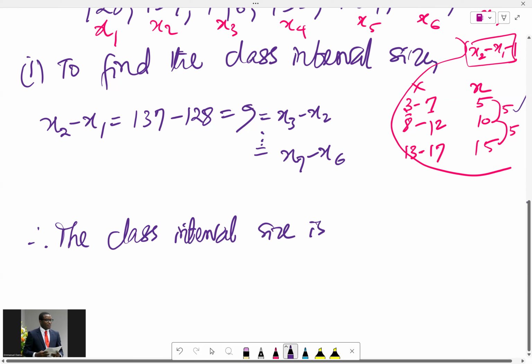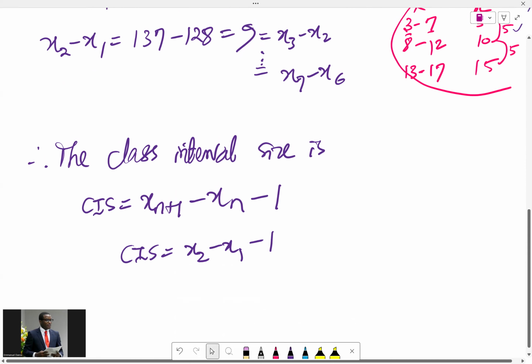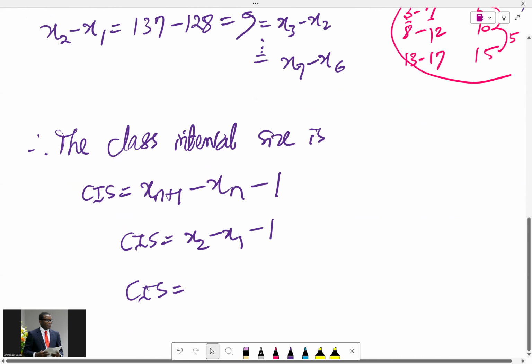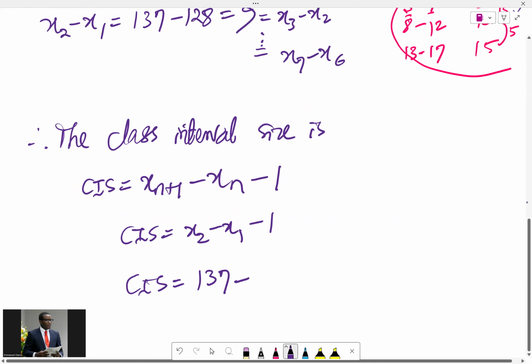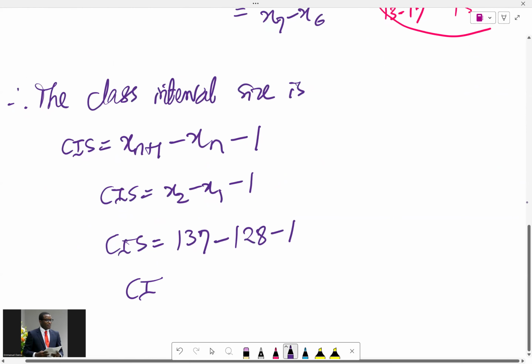So CIS is x2 minus x1, or anything you pick. It can be x3 minus x2, x4 minus x3, anyhow you want it, minus 1. So the class interval size now is x2, which is 137, minus x1, which is 128, minus 1. So the class interval size is simply 8.